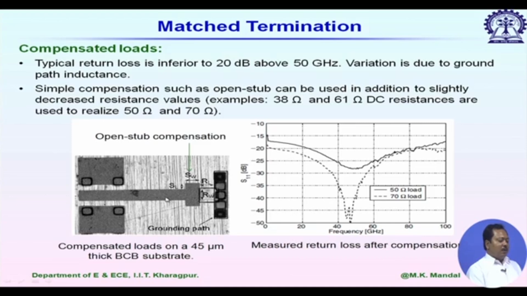Now, for this BCB or in silicon or gallium arsenide technology, how do we design a resistor? We can't use SMD, we use nickel chromium alloy.